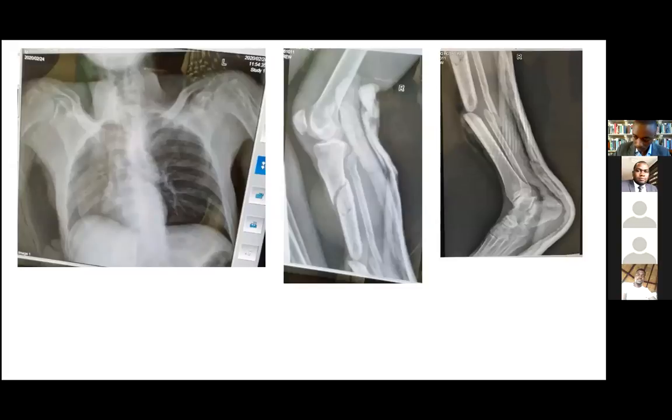Okay, the three images, one showing the chest, and the other two showing the lateral views, one showing the distal femur and the proximal tibia and fibula, showing a segmental fracture of the tibia and what appears to be an oblique fracture of the fibula as well.